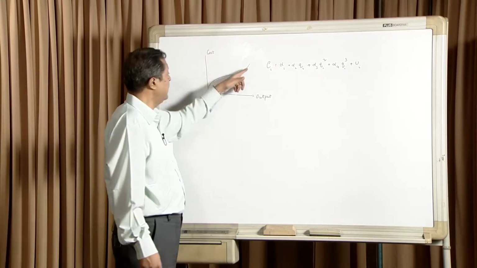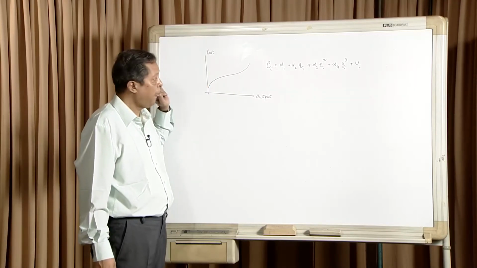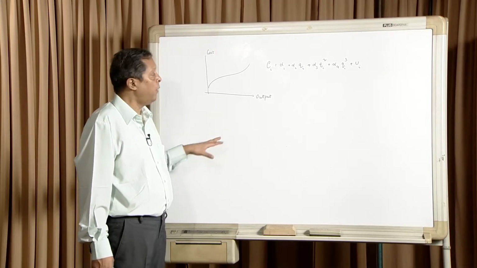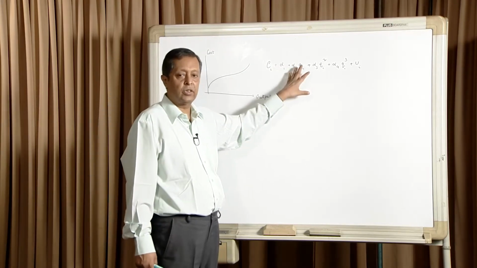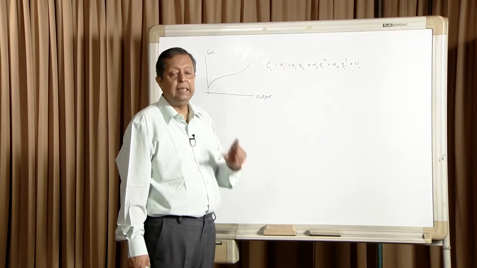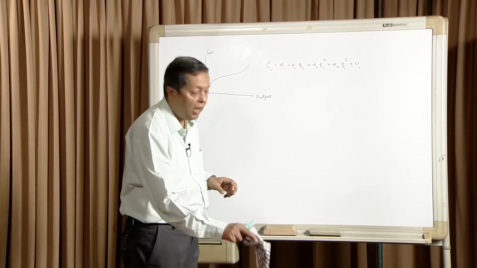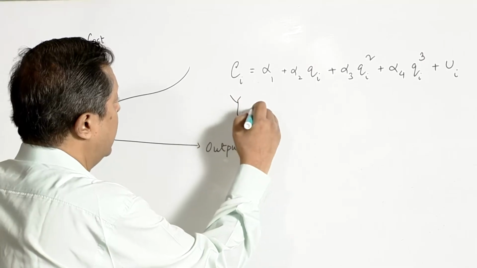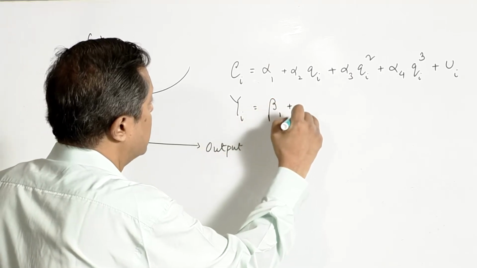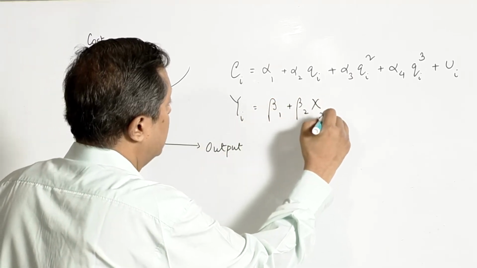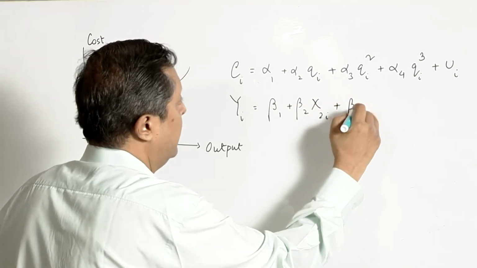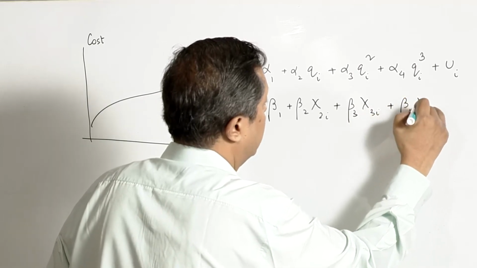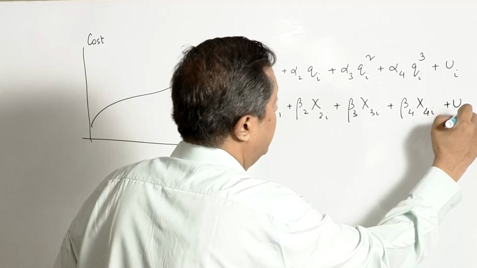Of course, this is very clear, it is a non-linear relationship, but the multiple linear regression model is so powerful, it can capture this kind of relationship through the feature of linearity in parameters. Let us see how. We can represent this as yi is equal to beta 1 plus beta 2 x2i plus beta 3 x3i plus beta 4 x4i plus ui.